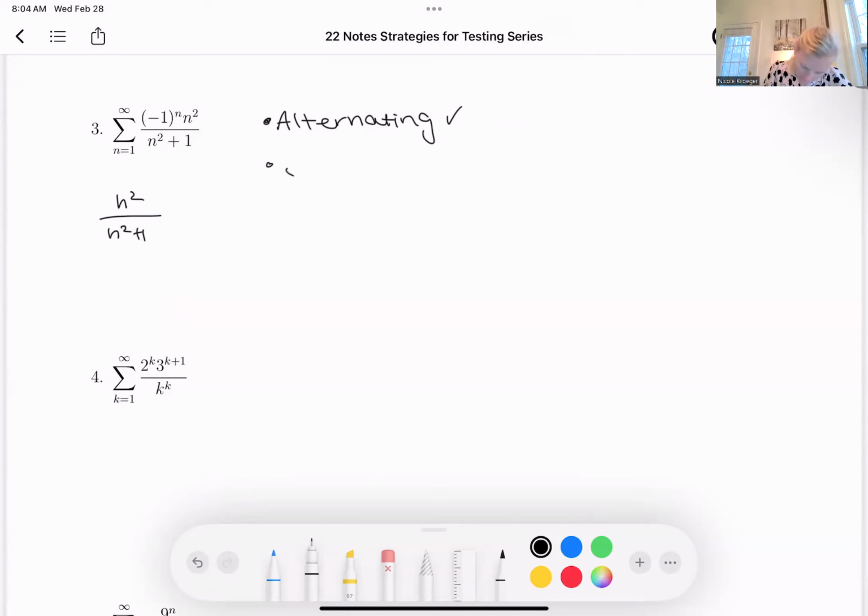So I'm going to look at the limit next. Again, I can look at this limit and I can tell you that that's not going to be 0. So alternating series test is not going to help us here because we look at the highest power, the n squared over n squared, and that simplifies to 1. That is not 0. Alternating series test needs me to get 0 out. So we cannot use the alternating series test.